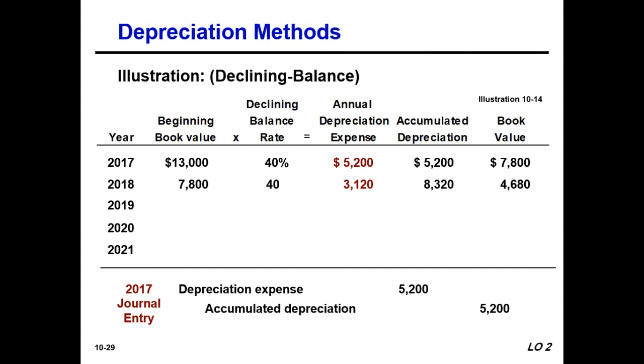So 13,000 minus 8,320. So this is how it will be. Okay. Cost minus accumulated depreciation. That's how you calculate a book value. Cost in this question is 13,000.